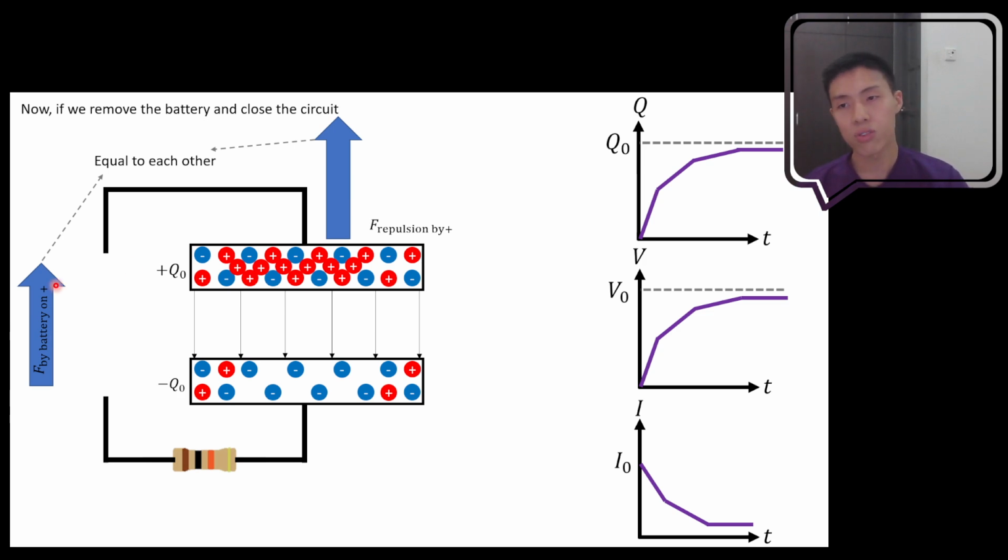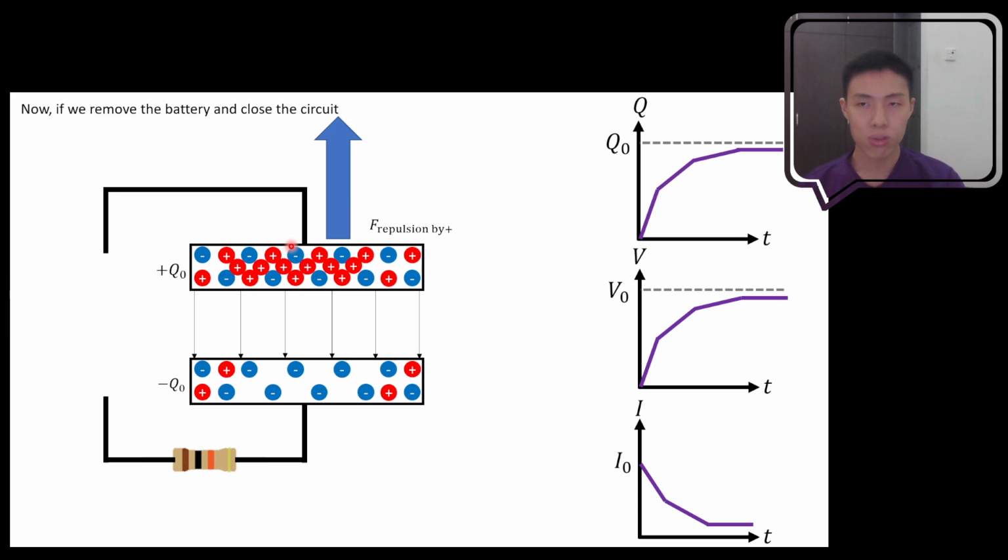So there's no longer this force acting by the battery to pump charges to the high potential region. If you connect this circuit, we are only left with the repulsion force between the positive charges. There's only force that tries to push the charges out from the high potential plate. There's no longer any force to push charges into the high potential plate.